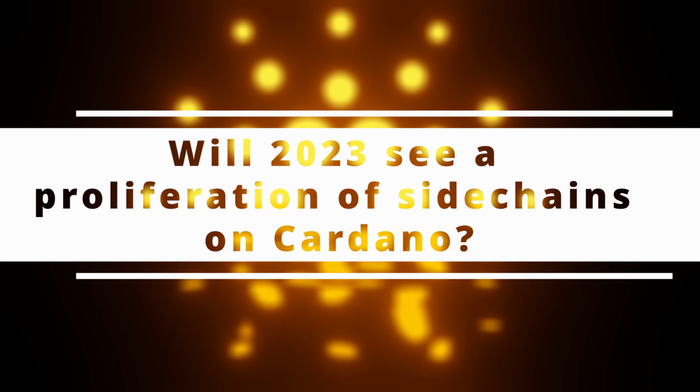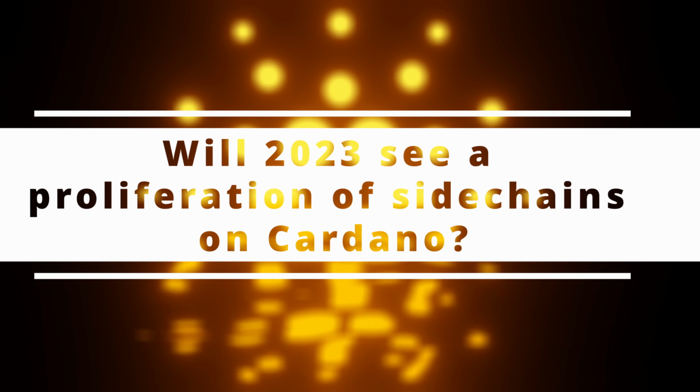Will 2023 see a proliferation of sidechains on Cardano? Now, Cardano already sees an incredible amount of deployment activity when it comes to sidechains. So here are some of the developments regarding sidechains that I know I've mentioned many times before, but they're worth making note of.